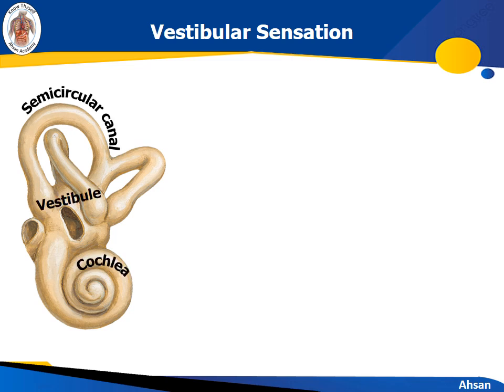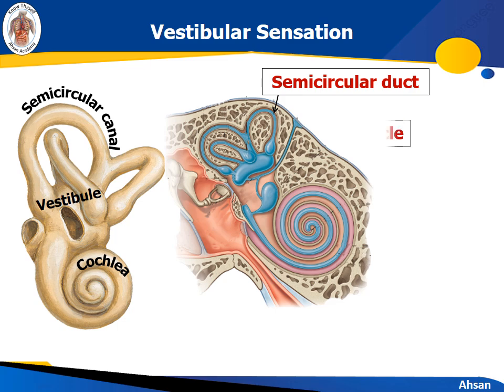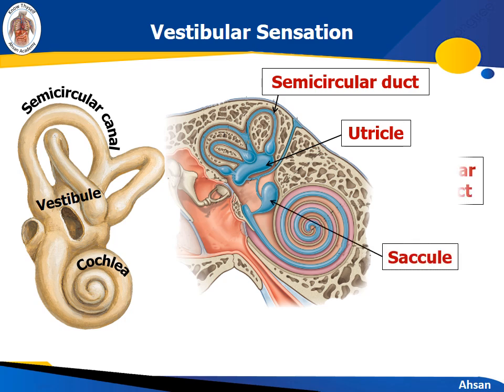Vestibular sensations mean balance. You can remember the three parts of the bony labyrinth. Within the semicircular canal there are semicircular ducts, which are the membranous labyrinth, and in the vestibule there are the utricle, saccule and vestibular aqueduct.